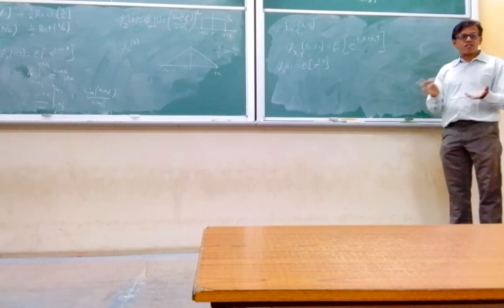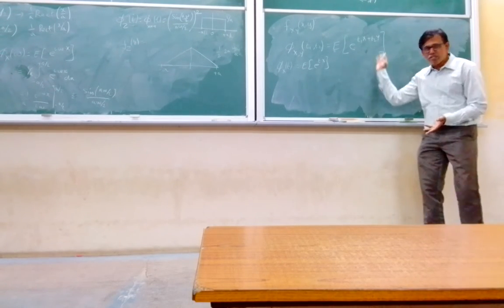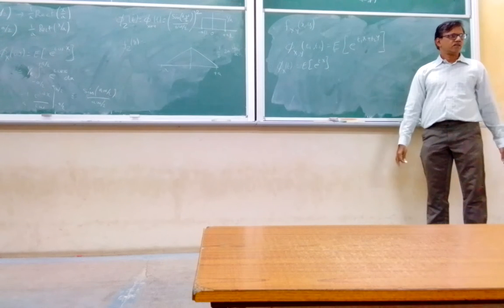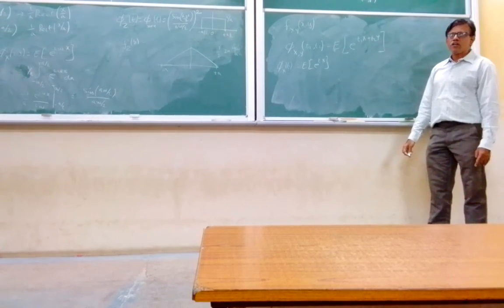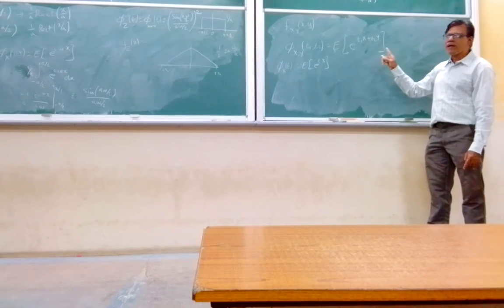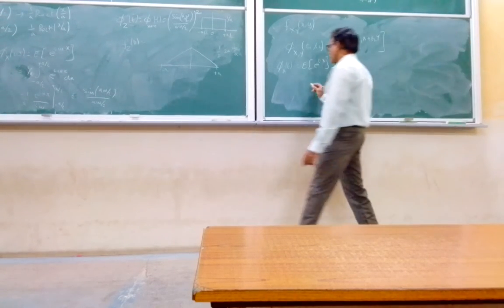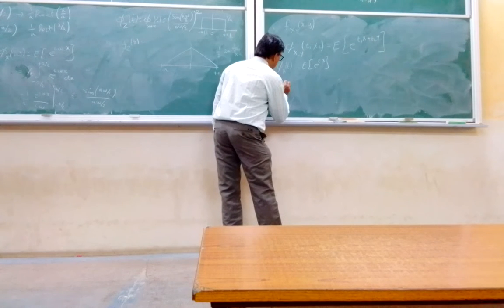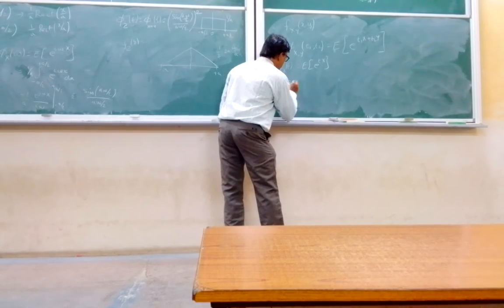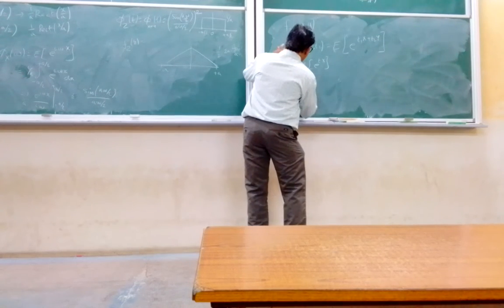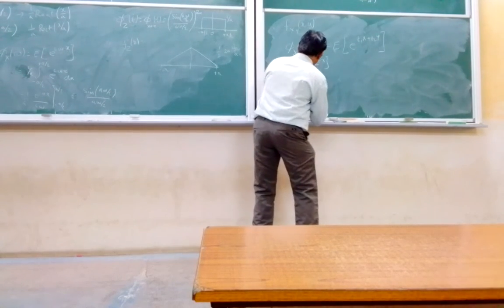And if X and Y are independent, this MGF will also factor. And then what will happen? If you want to get the moment of X, the expectation of X, then you have to differentiate this.